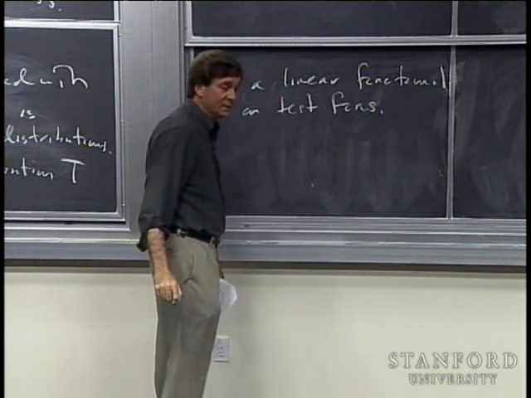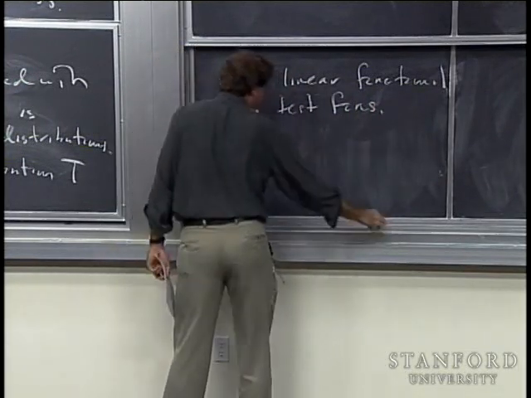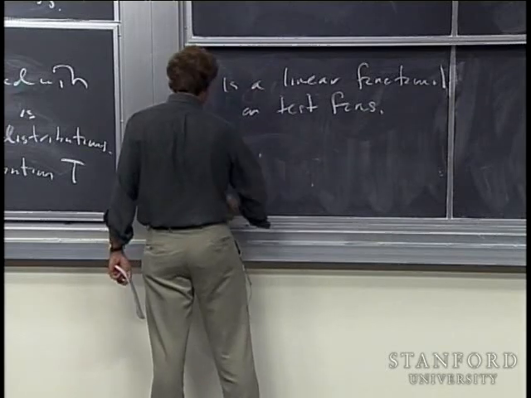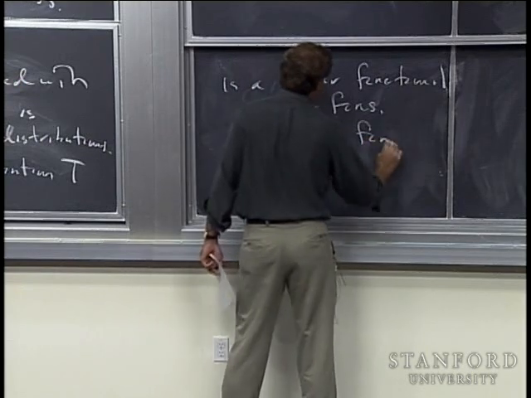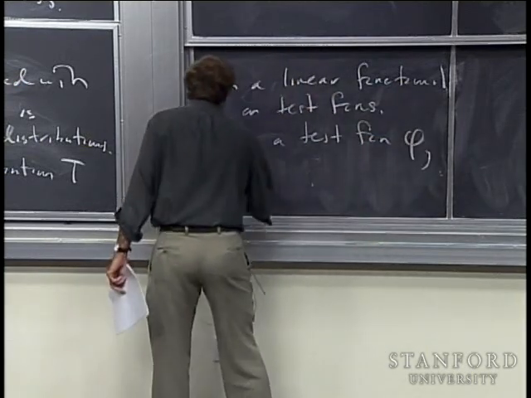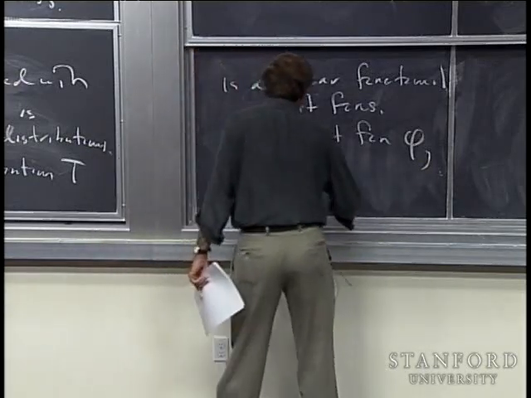All right? What that means is, for a test function phi, T of phi, T operates on phi, produces a number.